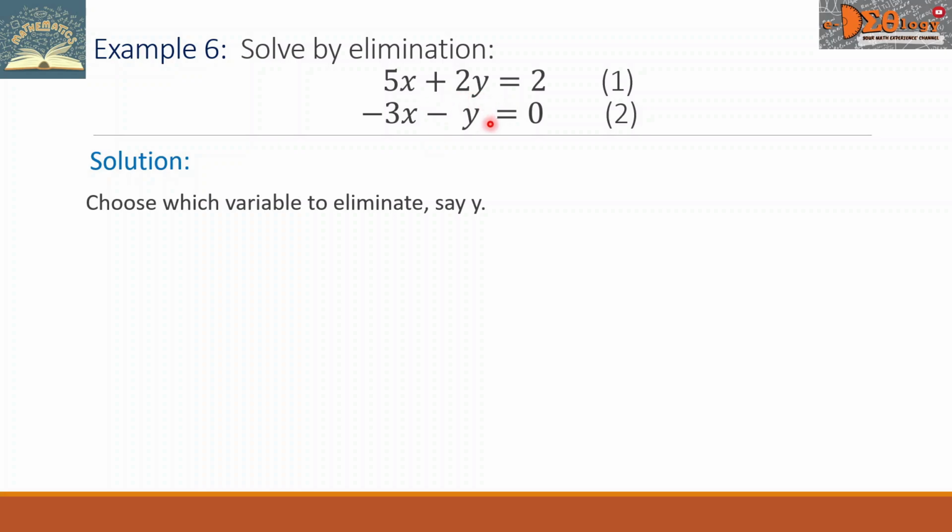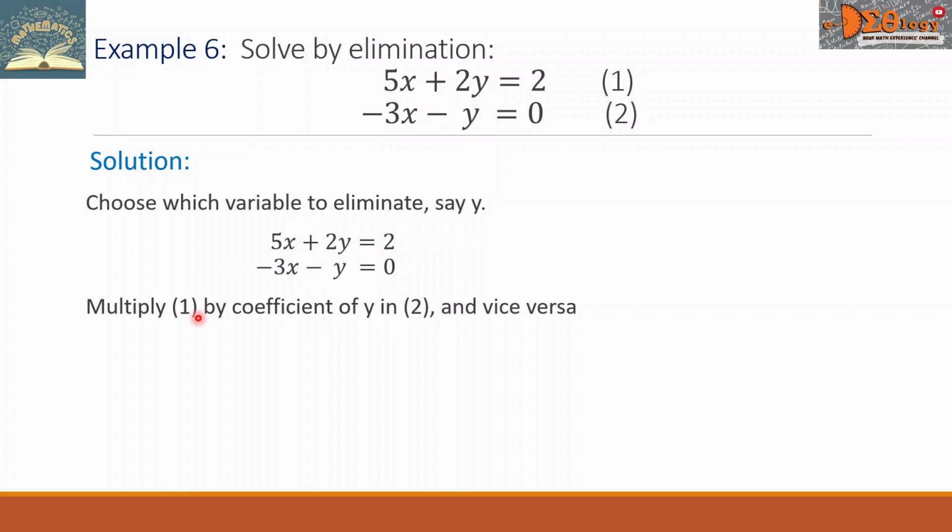Here is 2y. The second equation has negative y. We can choose to eliminate this y variable. What we're going to do is we multiply 1 by the coefficient of y in 2 and vice versa. So for the first equation, we multiply this by 1. The second equation, we multiply by 2.